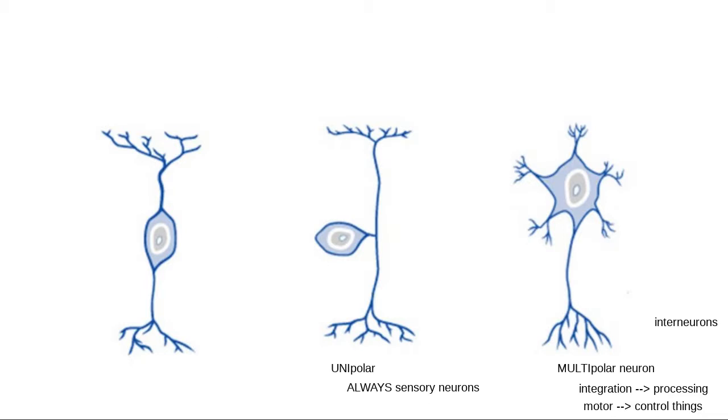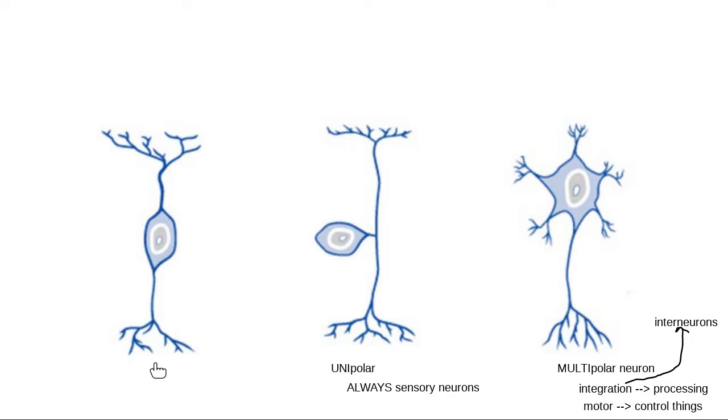Is that correct? Interneurons? Okay. So the two functional classifications of these neurons are processors called interneurons, or motor neurons that control things. If you're shaped like this, you could have either of these jobs, be an interneuron or a motor neuron. If you're unipolar, you're always just going to be doing sensory stuff. That's all you can do.